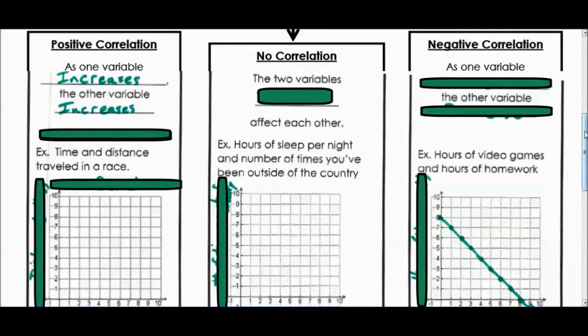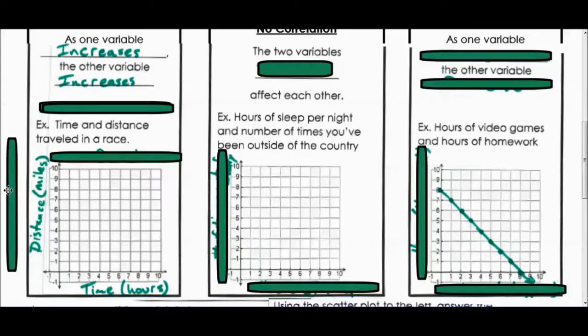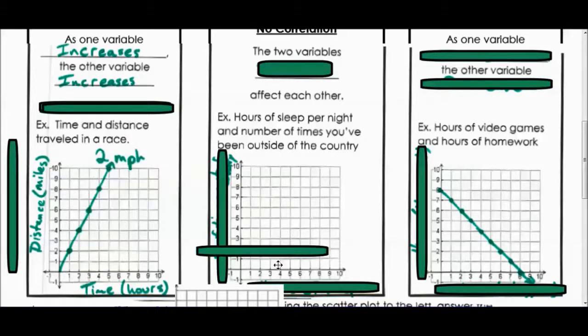So in this first example, time and distance traveled in a race are positively correlated because as the time increases in a race, the distance should increase in the race. So as our x value increases, this example is going 2 miles an hour.